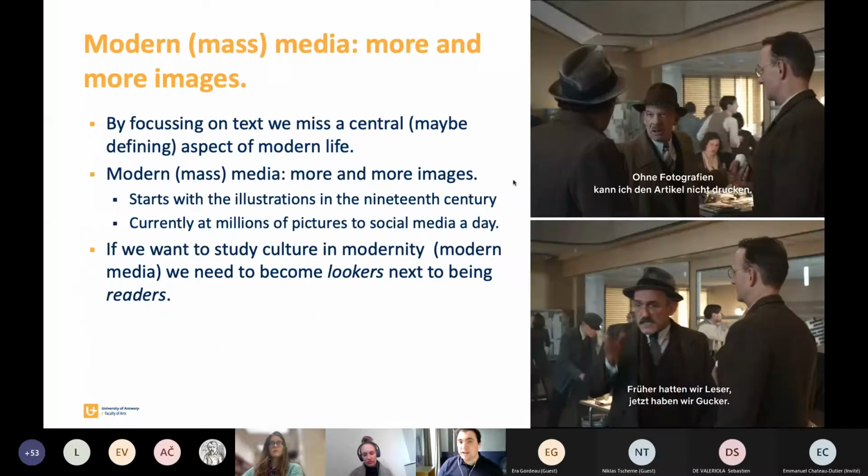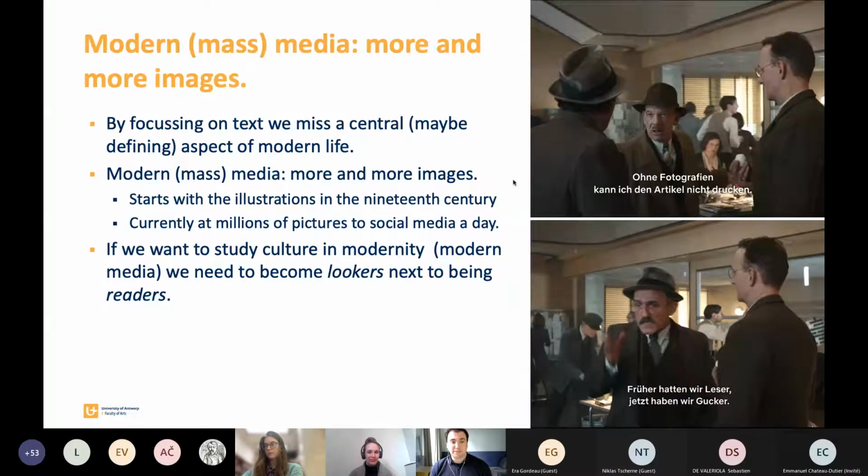Of course, especially as a historian of visual culture, you might imagine that I was not very happy with this very textual focus of the age. I think that has to do with all sorts of things, mainly because I just like images, but also because I think we are missing a very vital part of modern life, namely the visual part.